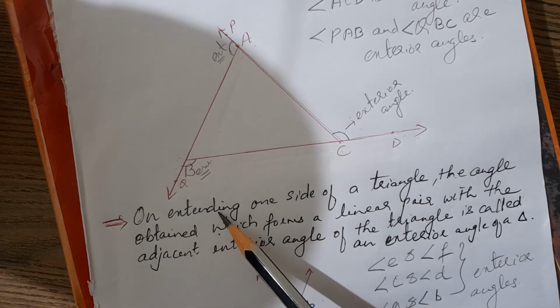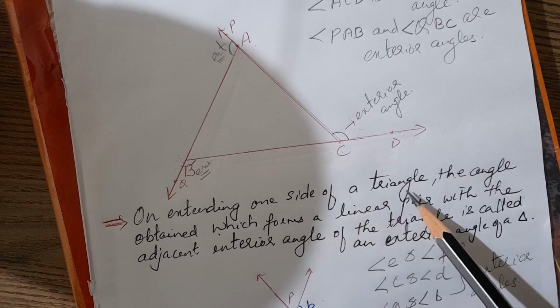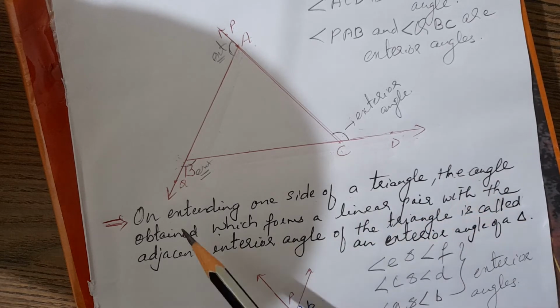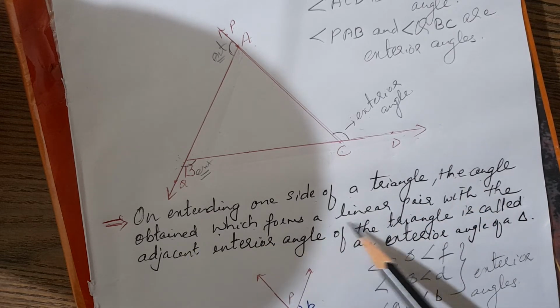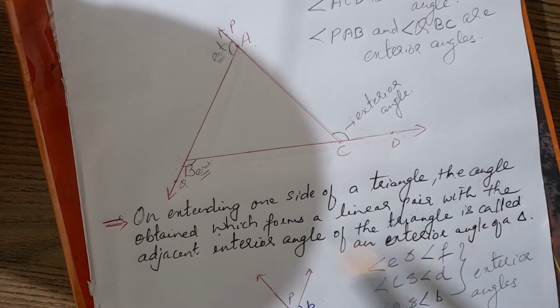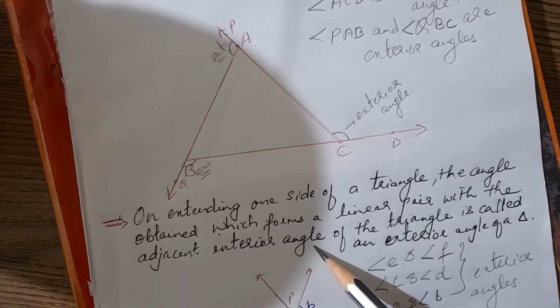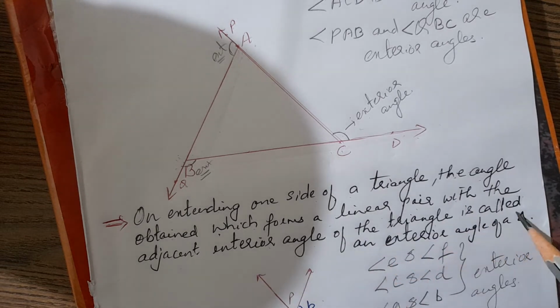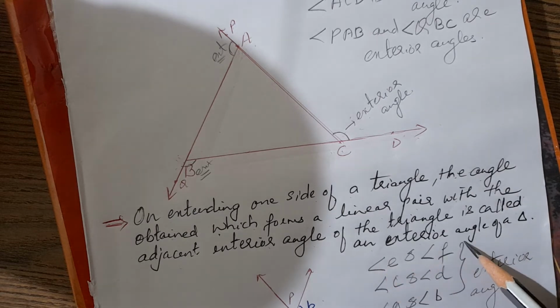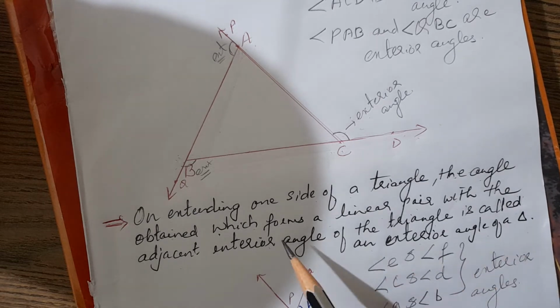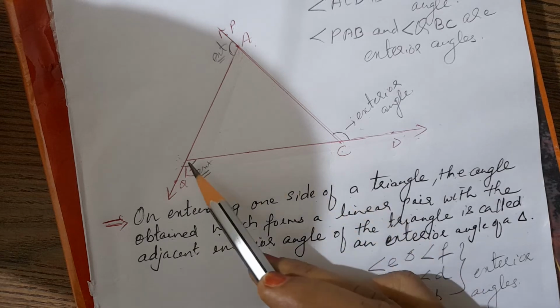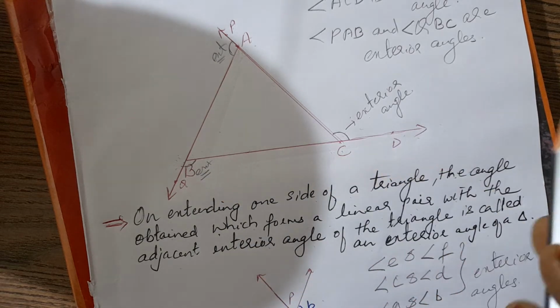On extending one side of a triangle, the angle formed, which forms a linear pair with the adjacent interior angle of the triangle, is called an exterior angle of a triangle. See children, let us understand "on extending one side." Suppose I am extending this side BC, correct?